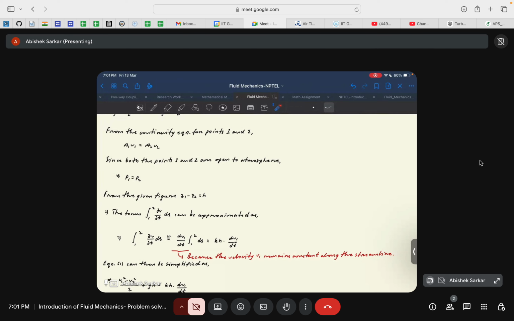That's the fundamental assumption that we make to simplify this equation.